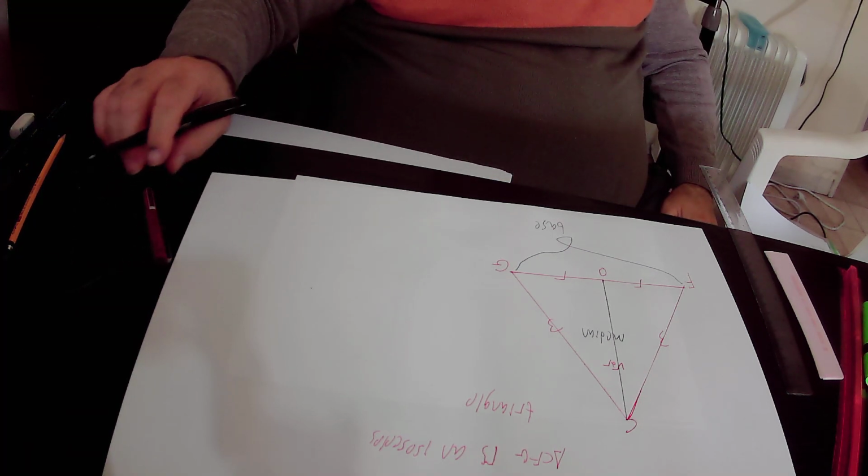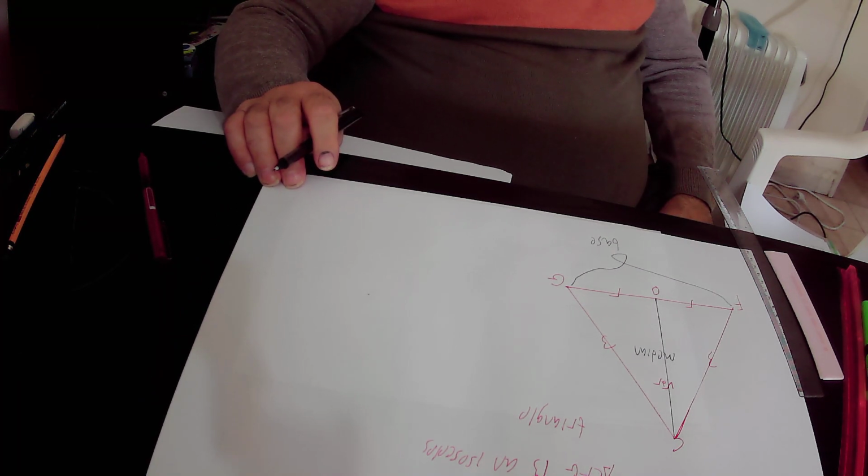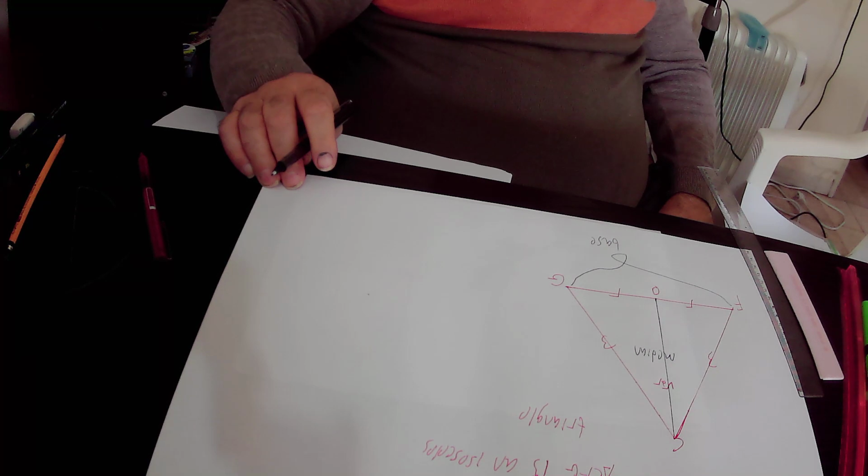And we also have rule number 4 that is related to the median to the base of an isosceles triangle.